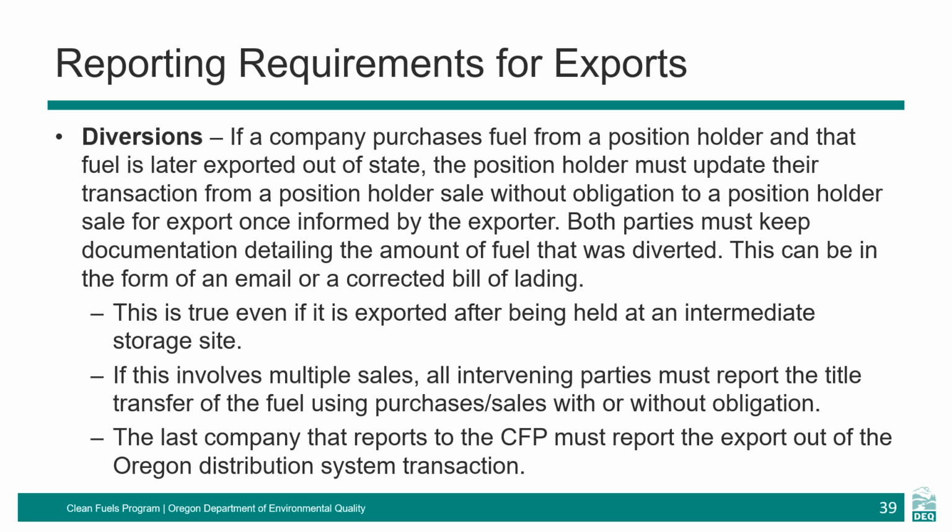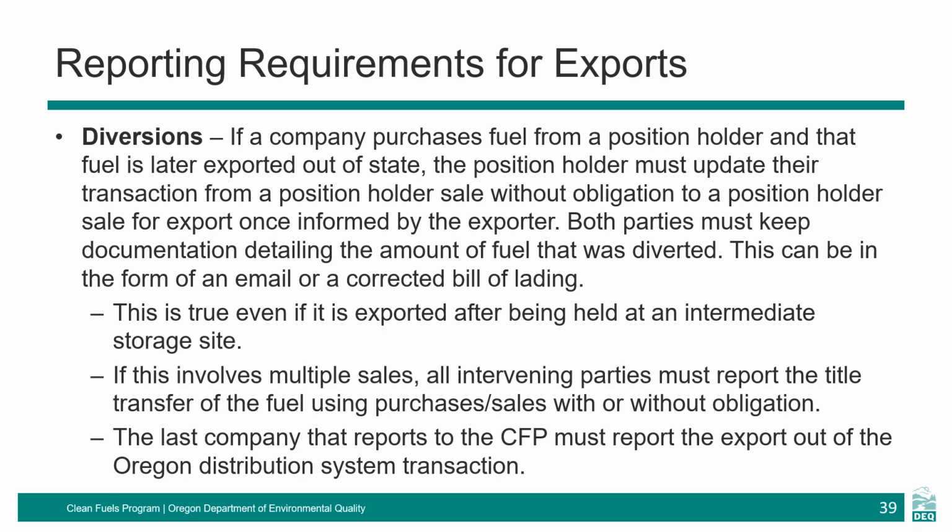In case of diversions, if the fuel purchased from a position holder is later exported, the position holder must update the transaction type from a position holder sale without obligation to a position holder sale for export. Both the seller and buyer must keep detailed documentation regarding the diversion of fuel, such as emails and corrected bills of lading.